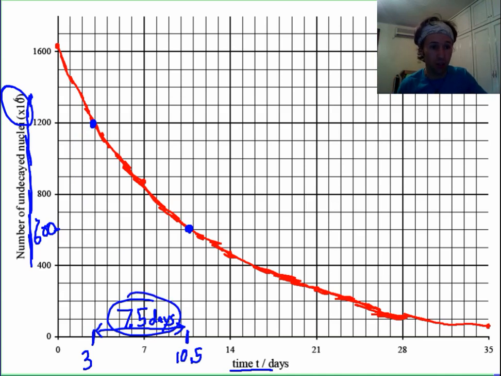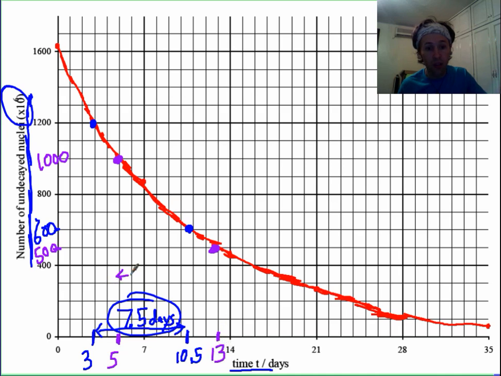If you want to check yourself, that's no problem. You could do it again at a different point. Let's say I want to look at 1,000 and see when that decays to half, which is 500, somewhere around here. You look at your times again. This is going to be something like 5. This is going to be something like 13.